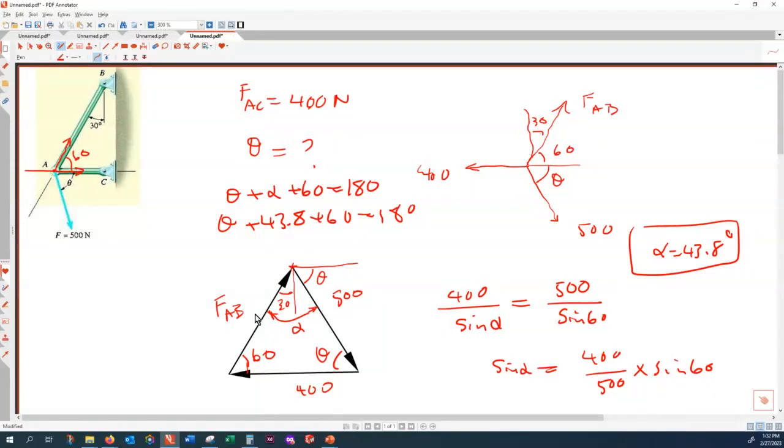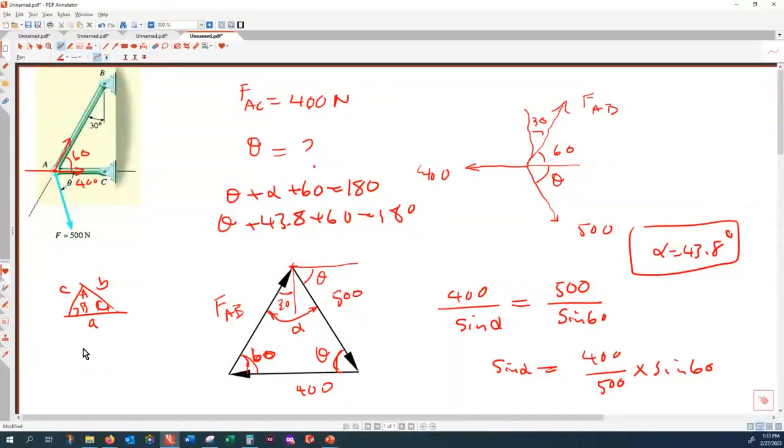So yeah, in that triangle, all we can say is this 60 is here, and we do have the 400 and 500, and that is all you have to do, right? Because you remember the sine law. The sine law is what? The sine law is A, B, C. That is angle A, this is angle C, and this is angle B, right?